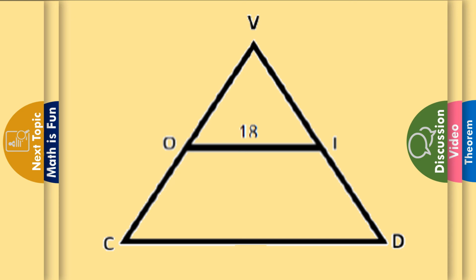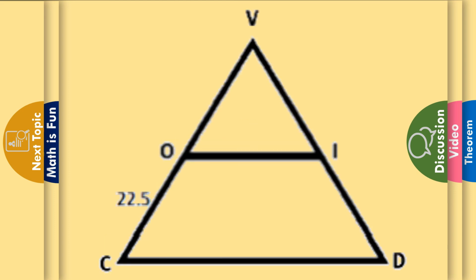Now, if the midline is given, we will multiply it by 2 to get the value of the third side. So if the midline is 18, 18 times 2 will be, very good, 36. So the measure of the third side will be 36.